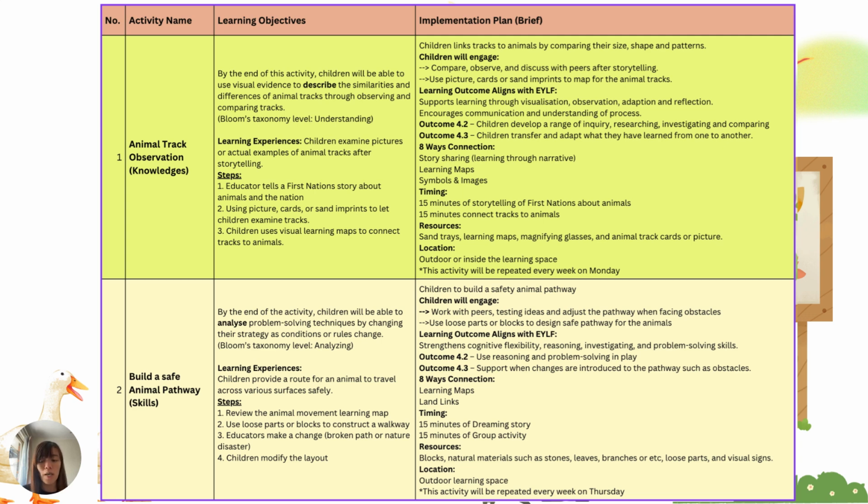So there are two outcomes aligned with the EYLF, where outcome 4.2 is where the children are able to do problem solving, experimentation, and investigation, and also outcome 4.3, where children adapt and transfer learning to new situations. This activity will be repeated every week on Thursday, which allows children to apply problem-solving skills.